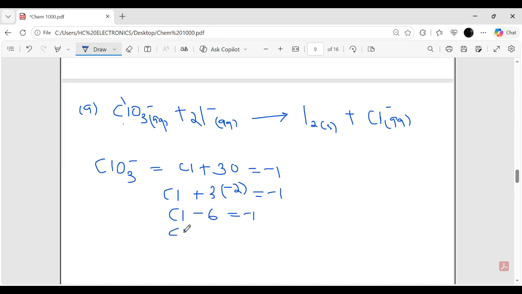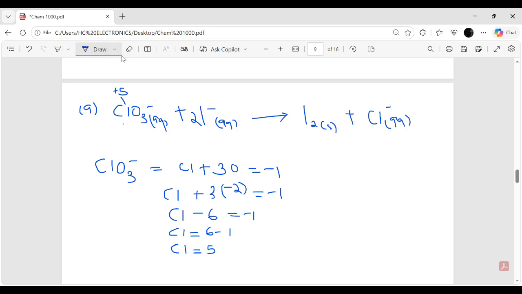Then the chlorine is equal to 6 minus 1, as a result the chlorine is equal to 5. So here chlorine was +5, then this side it has become -1. So you're able to see that the chlorine is undergoing oxidation.